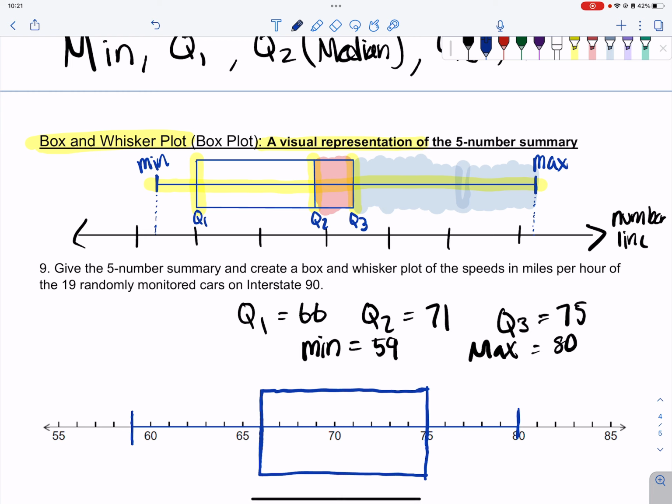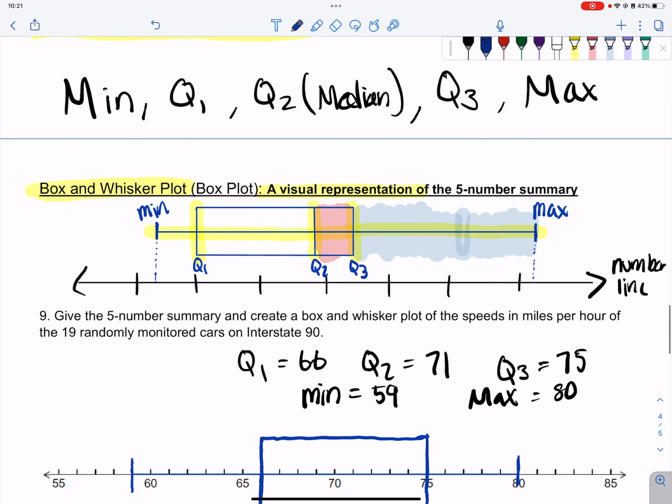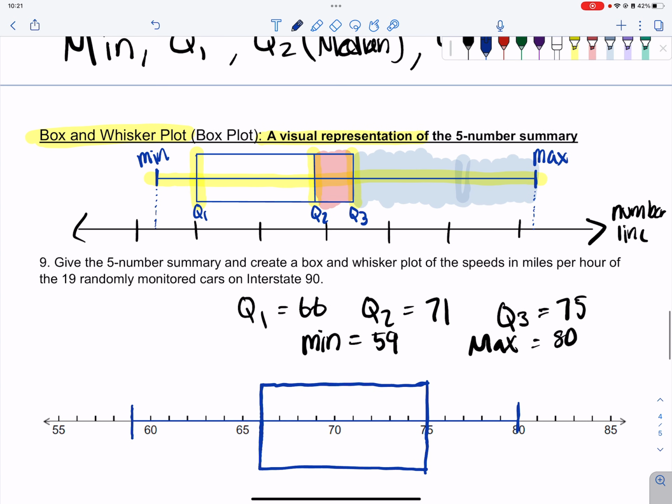And then lastly, we need to draw a line going through the box at Q2, the median, which we have as being at 71. So I'm just going to draw a line going down through 71. And this is essentially what our box and whisker plot would look like for this data set.